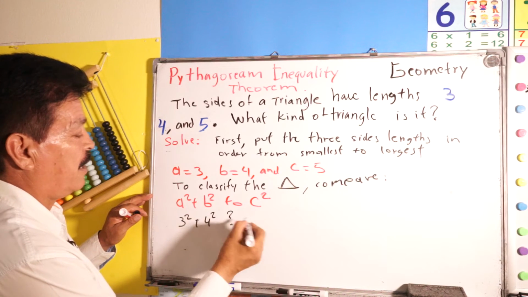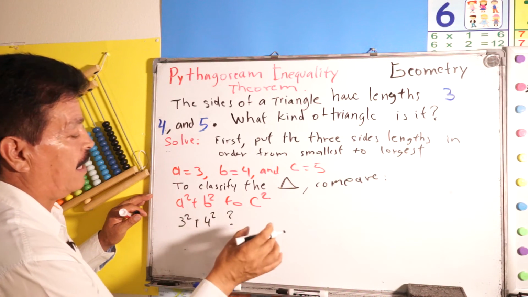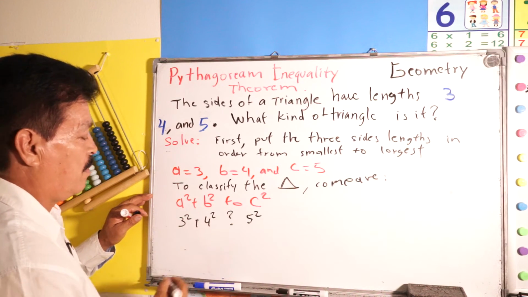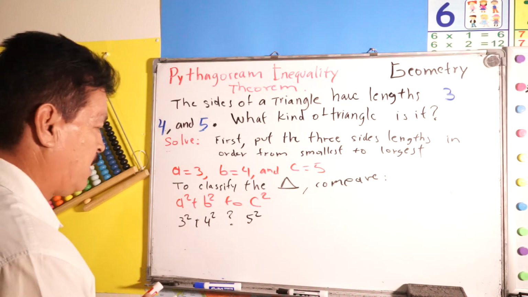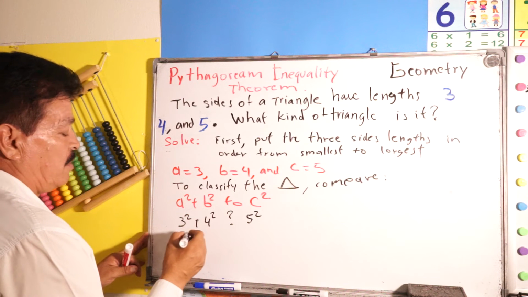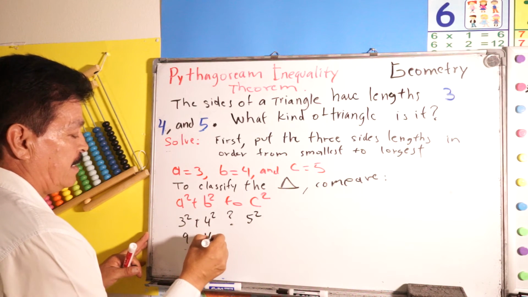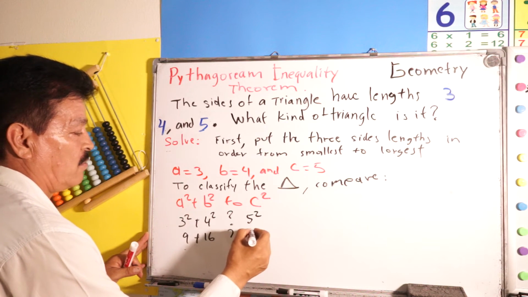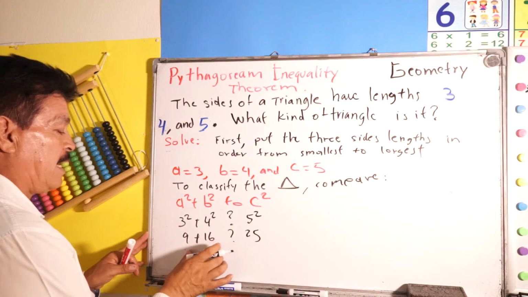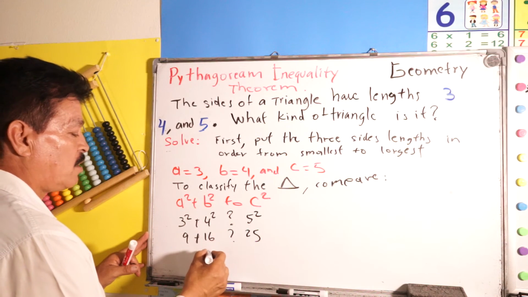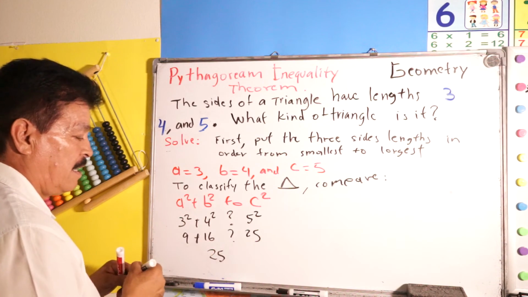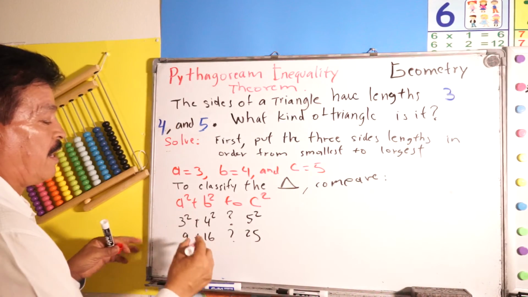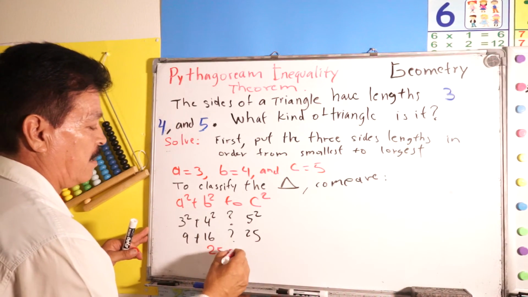We don't know yet whether it is greater, equal, or less than 5 to the second power. Just simplify. 3 times 3 is 9, and 4 to the second power is 16, and 5 to the second power is 25. 9 plus 16 is 25. The conclusion: 25 equals 25.